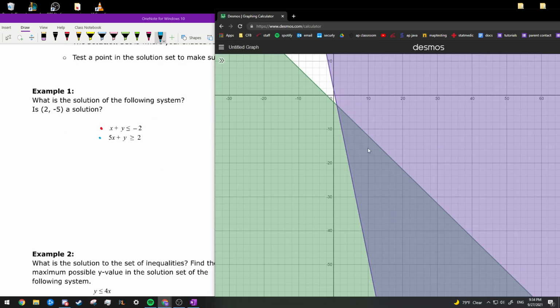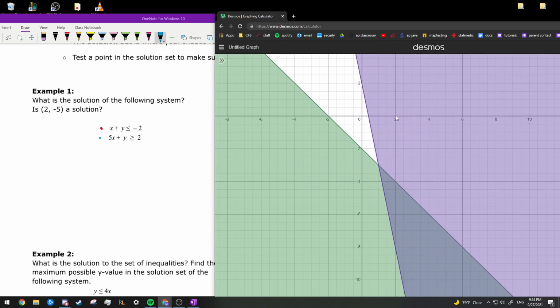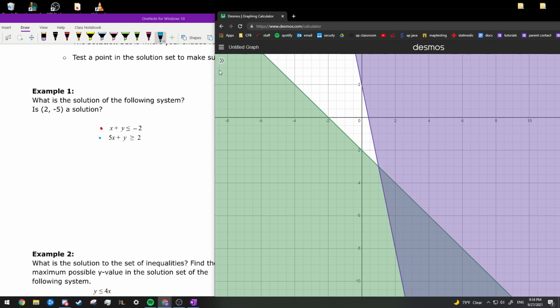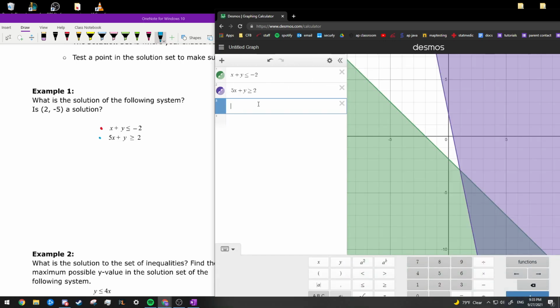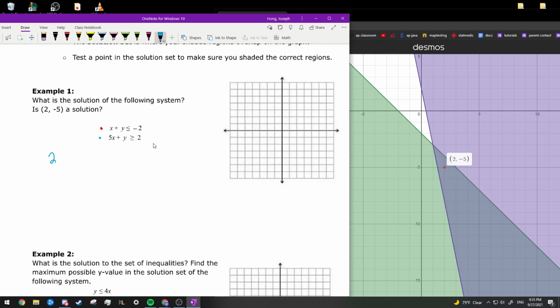Well, let's see. 2 comma negative 5 is right here. Or I can enter 2 comma negative 5 and it will label it for me. Is that in my dark purple triangle area? Well, yes, that's true. So I would say 2 comma negative 5 is a solution.